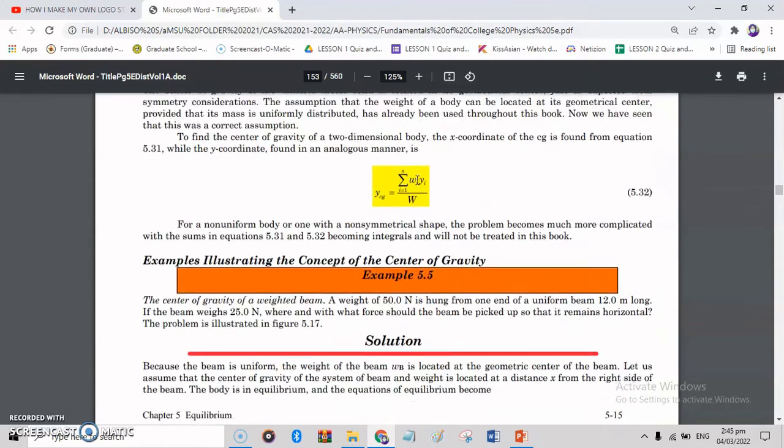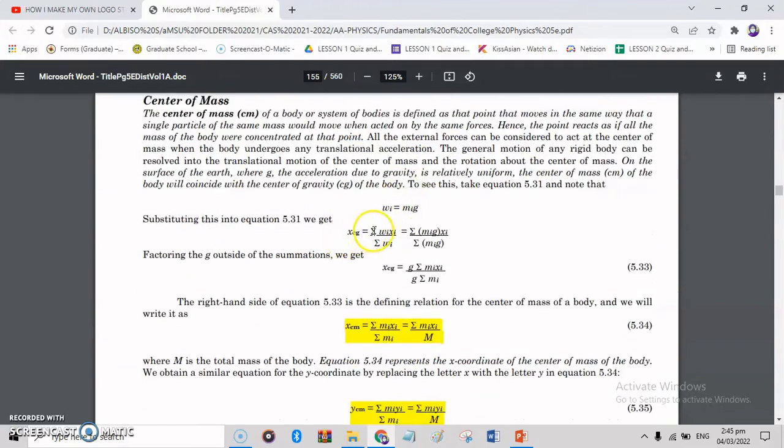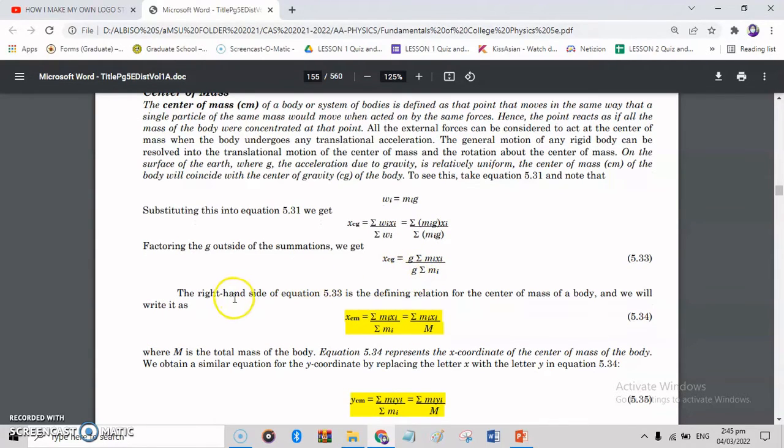Okay? Now, we see that X is equals to summation of Wi Xi over the total weight. Okay? Summation of all the weights. Now, we know that weight is equals to mass times gravity. So, we input Mi g, Xi. G is the same, so you can cancel that out. And the right-hand side of the equation ngayon is defining the relation for the center of mass of a body and we'll write as ganito.